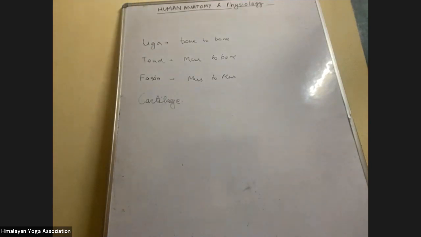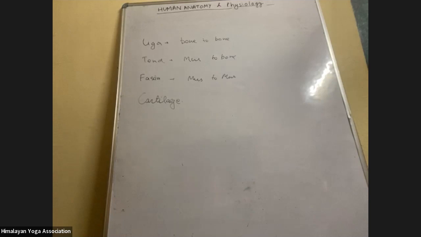But what is actually happening in arthritis? Inflammation of the joints. So arthritis is the painful wearing down of joints, basically cartilage. So cartilage is done.